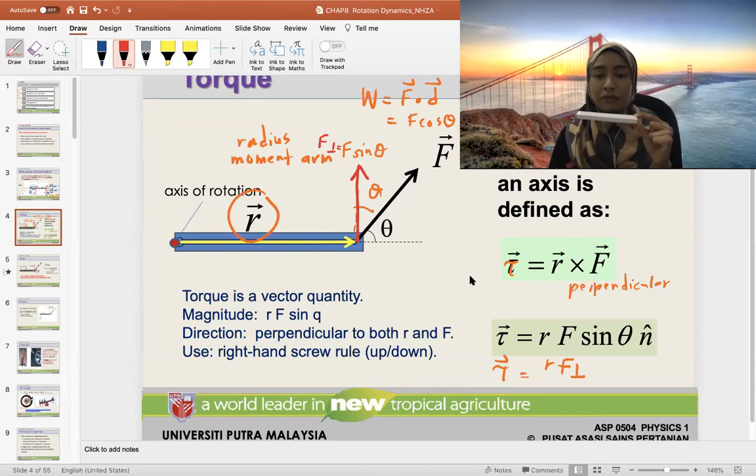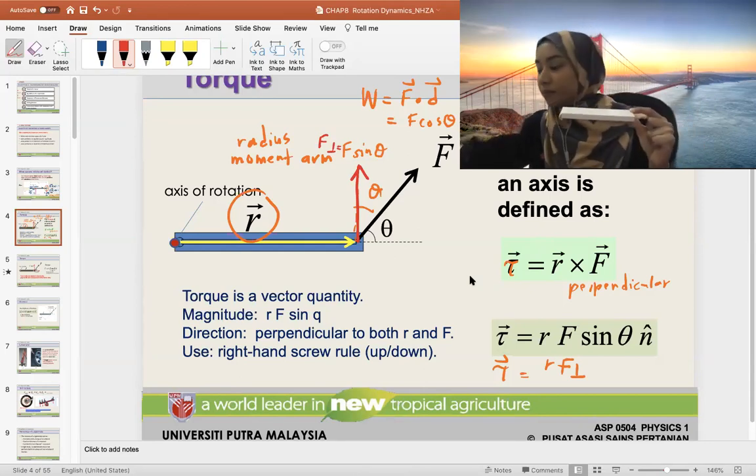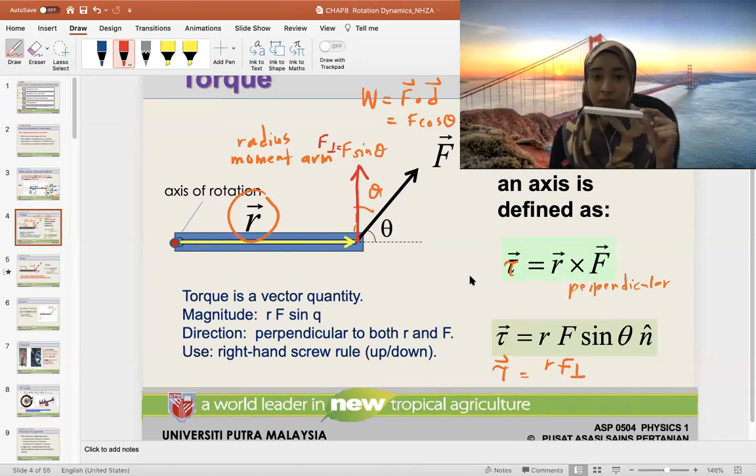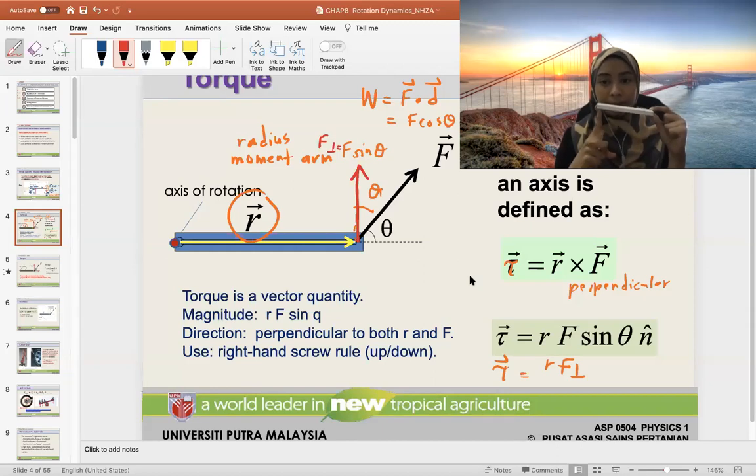Okay, so if I apply a force in this direction, okay, look at my finger, in this direction, I am pushing the wood in this way. Walaupun force saya ke atas, but I am actually, it goes like that, right? So it goes like that. So it is going anti-clockwise, berlawan dengan arah jam.